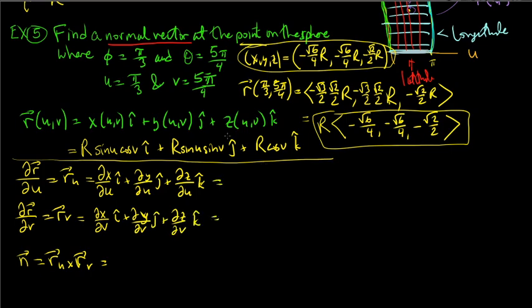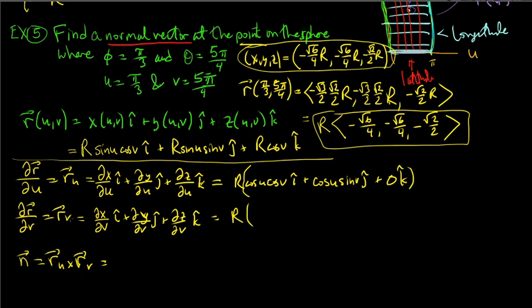So without further ado, let's write down these vectors. The u partial is r cosine of u cosine of v times i, plus, let's factor out the r since it's a constant, cosine of u sine of v times j. And then this doesn't depend on u, so it's 0 times k.